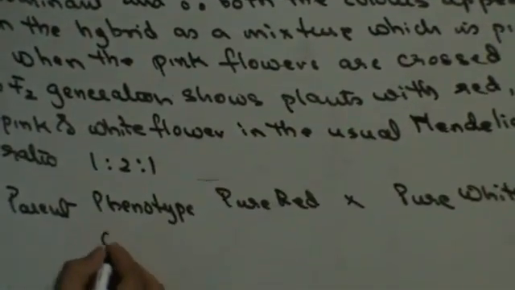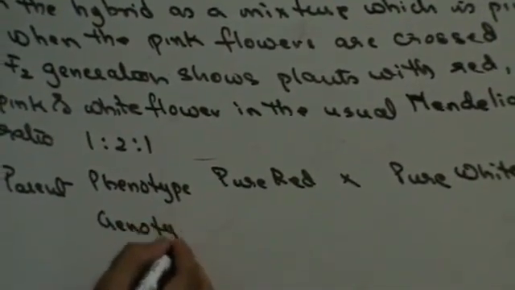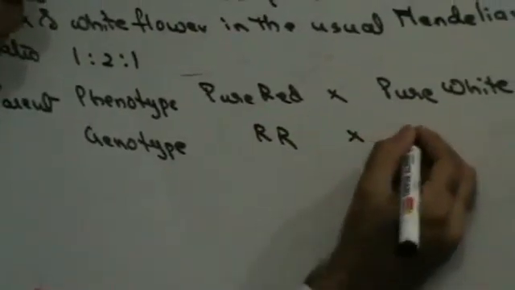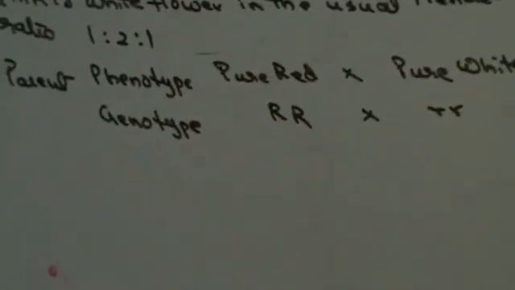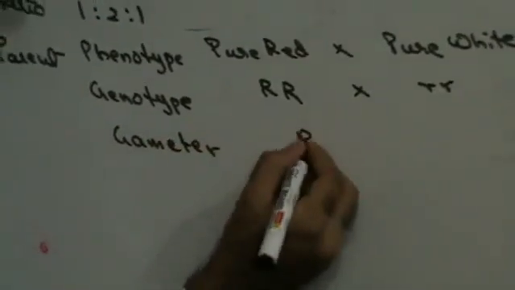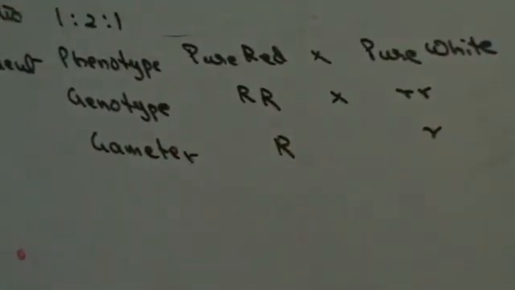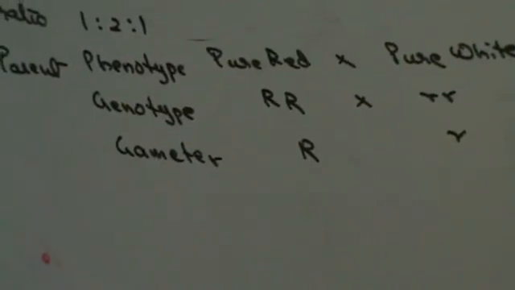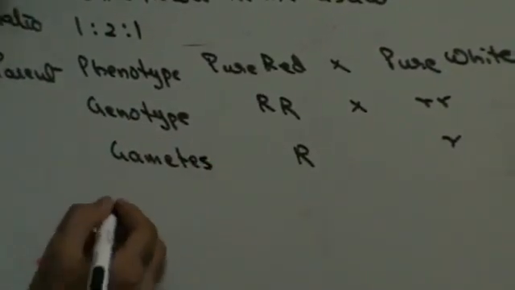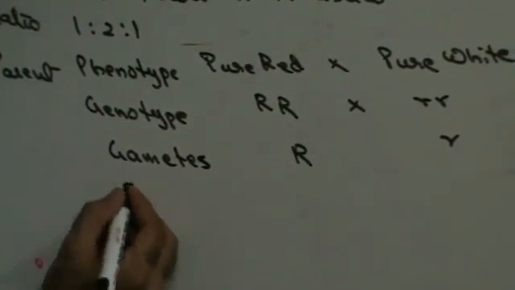The genotype of pure red is going to be RR, and pure white is going to be small r r. Gametes: here you would have only one kind of gamete produced, R, and the other one will be small r. So in that case I will have the F1 generation hybrid.